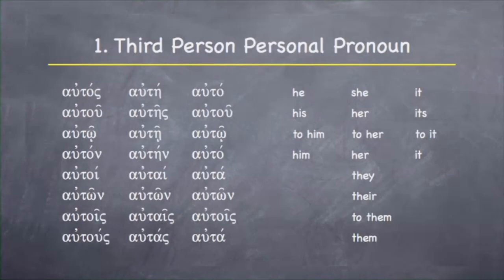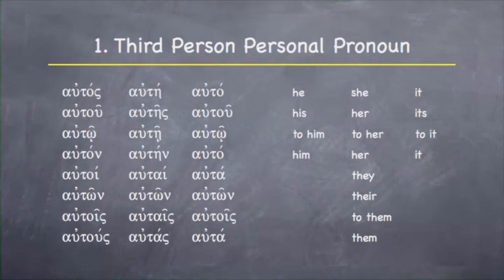Okay, it doesn't matter whether it's autus, autas, or auta, we say them. It doesn't, again, matter whether referring to a bunch of men, women, things, or mixed antecedents. We still say they, their, to them, or them. That's just a little adjustment you have to make in the translation of the third person personal pronoun.